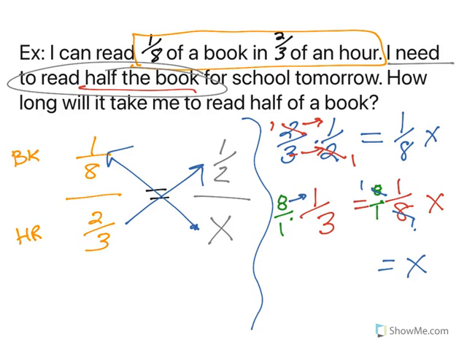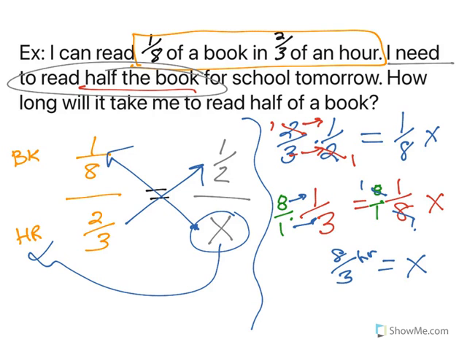And now when I multiply straight across, I get 8/3 of an hour, right? Because x is in hours. Well, if you change that to a mixed number, that is 2 2/3 hours, or 2 hours, 40 minutes to read half of a book. Better start reading.